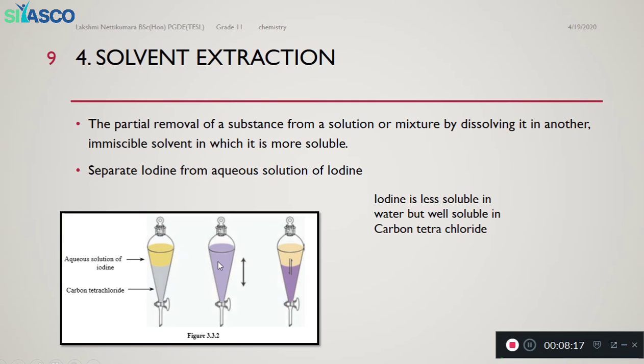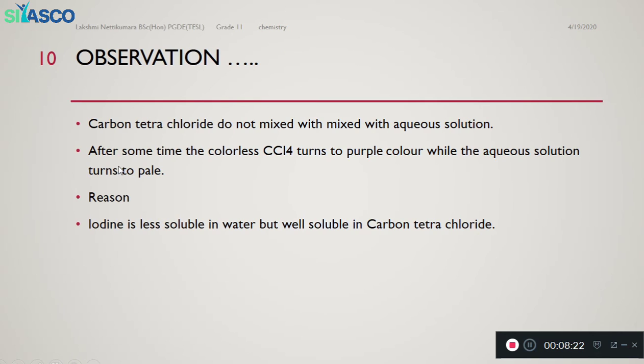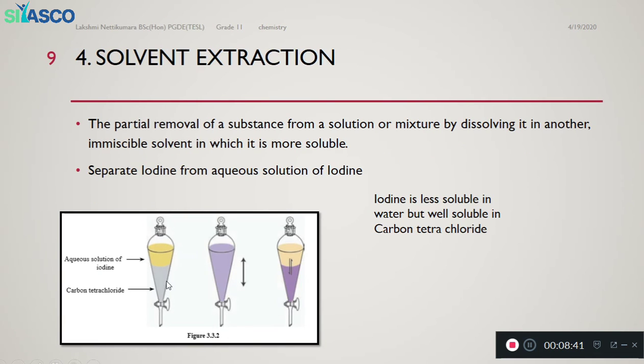So what will happen, gradually we will observe the purple color: the carbon tetrachloride turns purple while the aqueous solution turns pale. Reason: iodine is less soluble in water but well soluble in carbon tetrachloride. Now you can see that these two, carbon tetrachloride and the aqueous solution, are not mixed with each other.